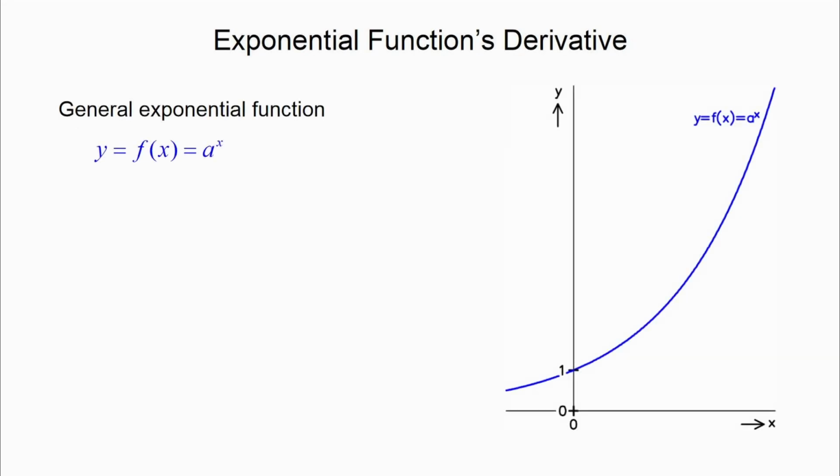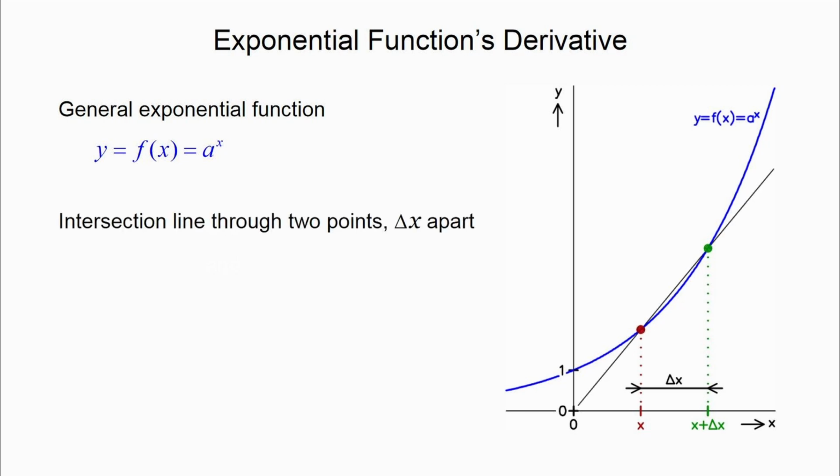We consider a general exponential function f of x equals a to the x, in which a is the function's base. 2 points are indicated on its graph, horizontally spaced delta x apart from each other. The red one is located at position x on the horizontal axis and the green at x plus delta x.